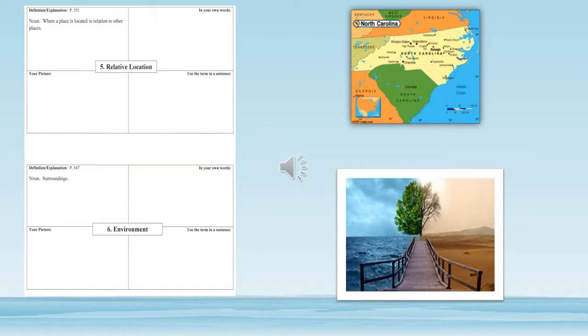First, we don't have the natural form of an ocean in our location. We have lakes, we have rivers. So we do have water, but it's in a different format. And being away from the ocean, our vegetation takes on a different look and feel. So our environments are our surroundings.